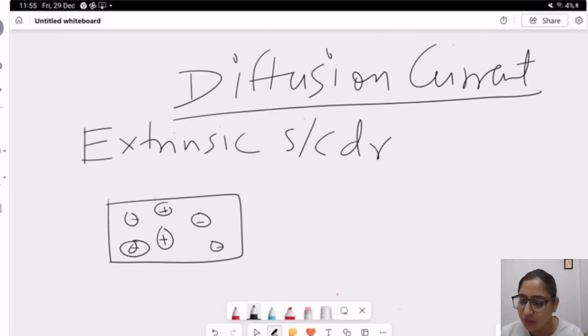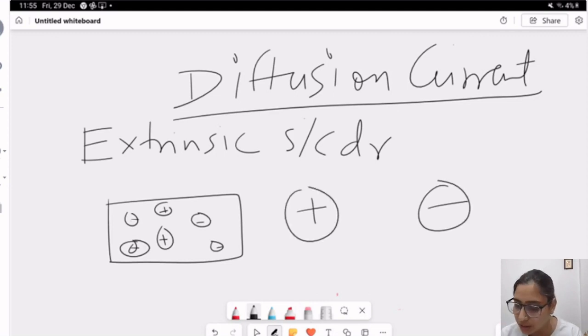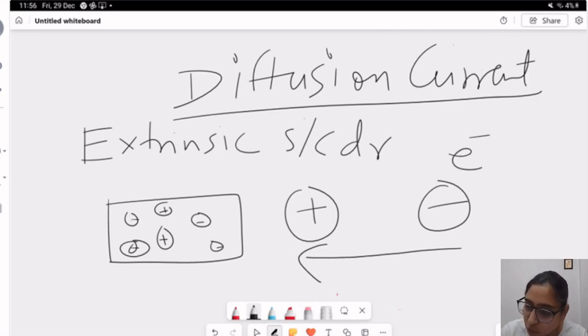Due to the potential gradient, positive and negative difference, meaning how much potential is in negative charge and how much potential is in positive charge, the electrons start to flow from higher potential to lower potential. Here the negative or electron potential is high. So electrons start flowing in a particular direction, from electron to hole. So this is the process of diffusion.